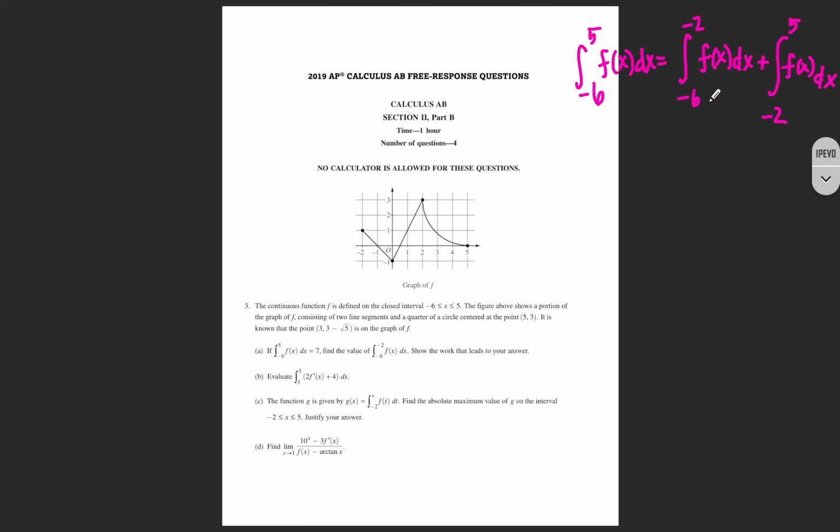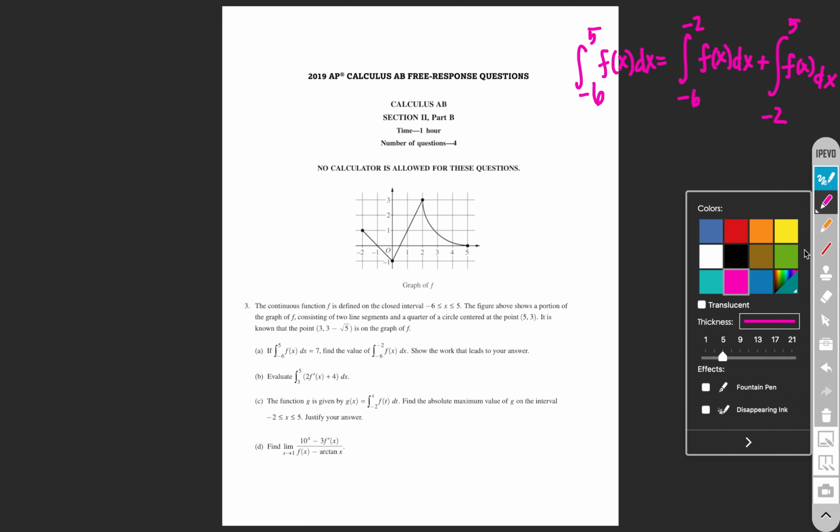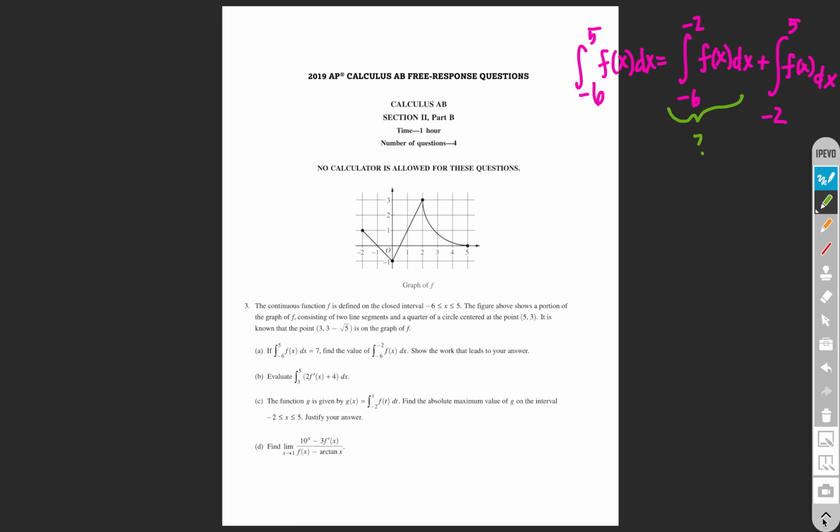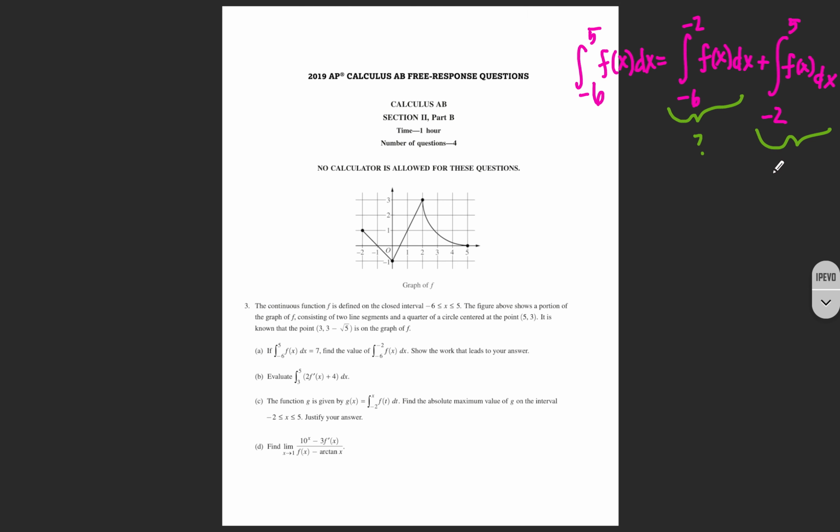So that now we can calculate what we're being asked for. We are being asked to calculate this piece. This is our question mark. And this one we can get from the graph. We can look at the geometry of the graph there and calculate that, because we're given the graph of f from -2 to 5. And this one is the piece that's given. We're told that this is equal to 7.